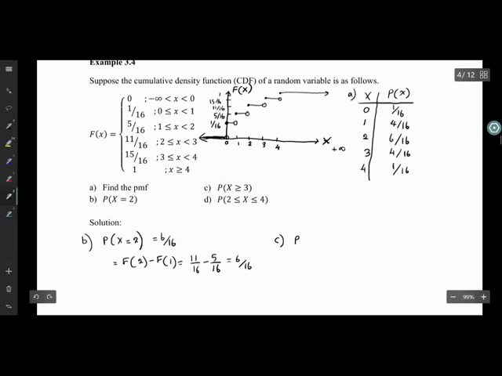So you can use either the PMF or the CDF. So what about P(x greater than or equal to 3)? That will be 3 and 4 together. If you add P3 and P4, you get 4 plus 1, which is 5 over 16.